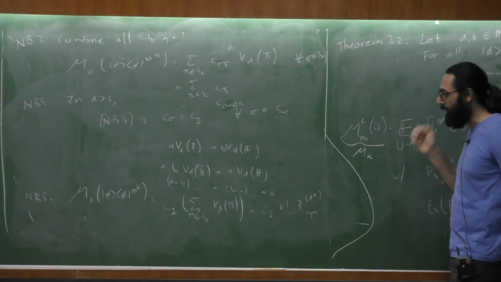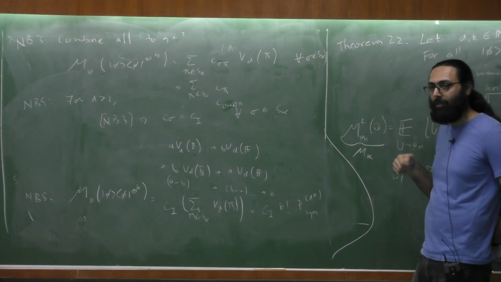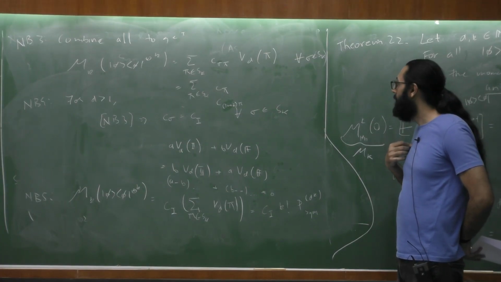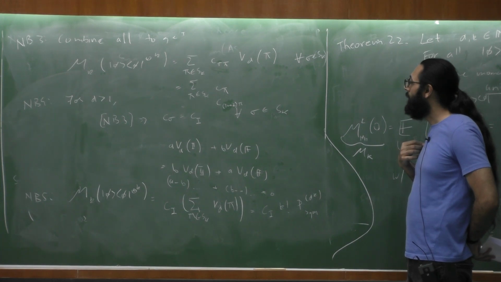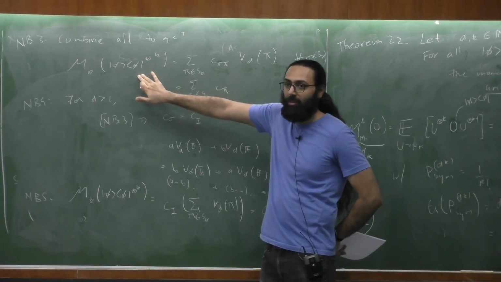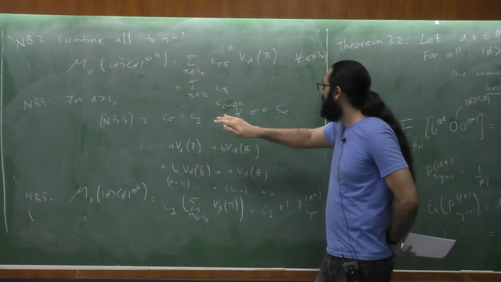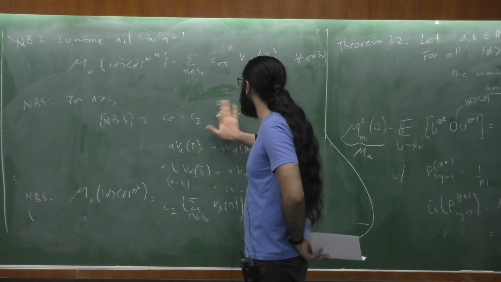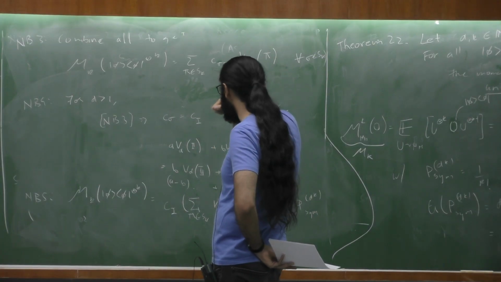I actually didn't understand what the question was. Maybe you can tell me afterwards. Slightly confused because of the "for all sigma belongs to S_k" in the note, like NB4. Yeah, so this equation is true for all sigma, and the one after that equation is fine. Oh, I see, so NB4 was the issue.